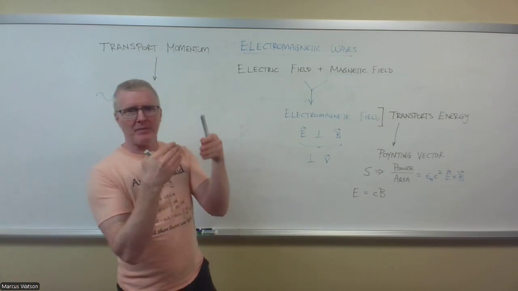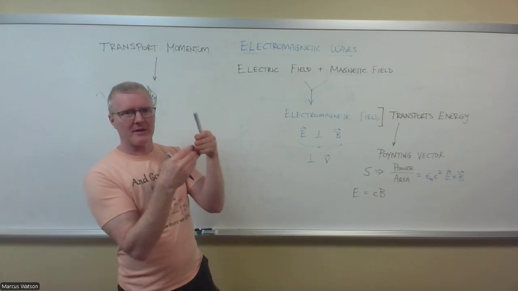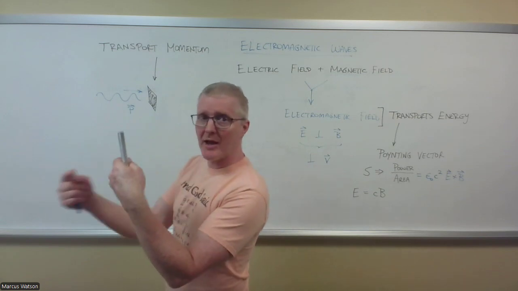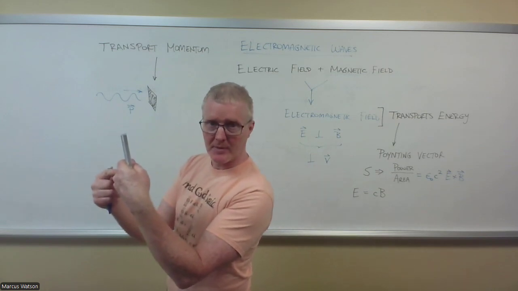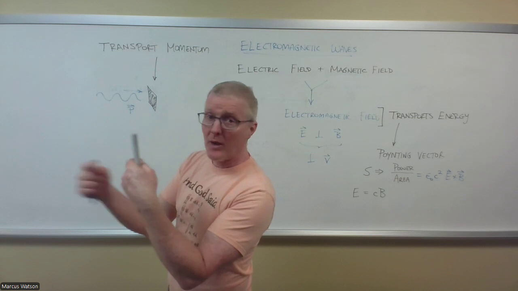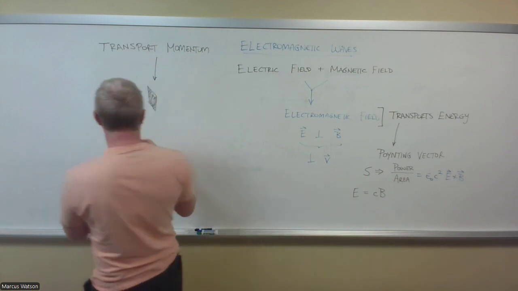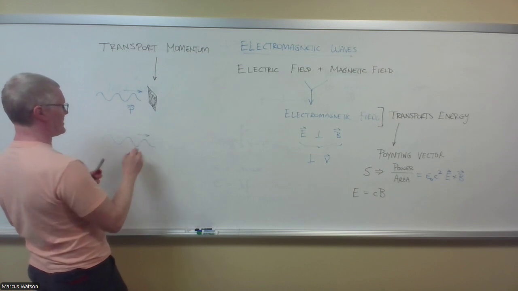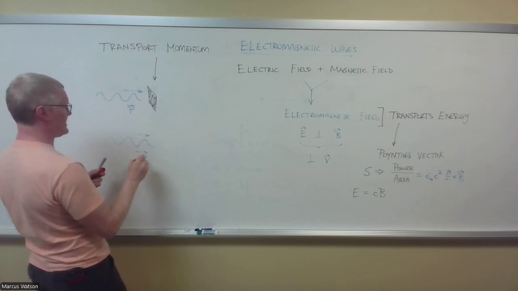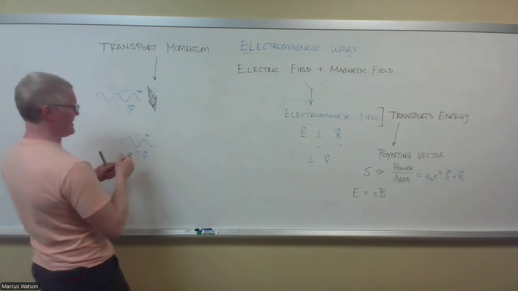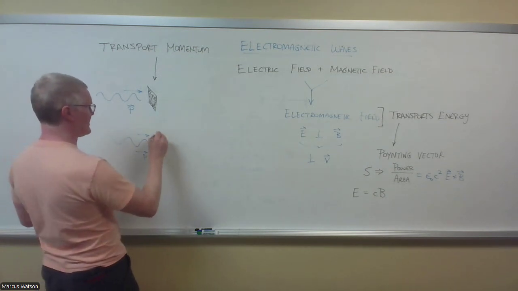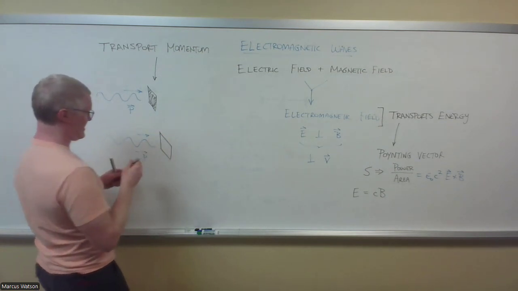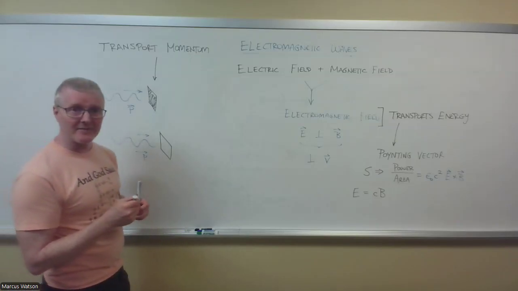And now remember, we had a black side on one side and a white side on the other side. So it turns, and now the white side is facing. Okay, and now what's happening? Now I'm going to take the same thing here. Here comes the wave. It has P going in, and now it's going into the white side of the vane.